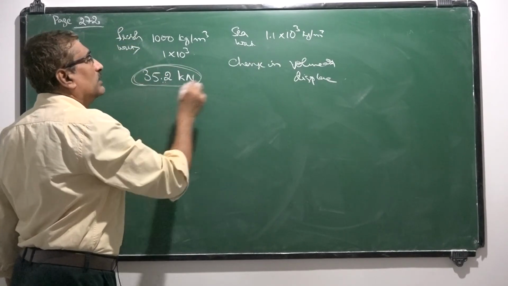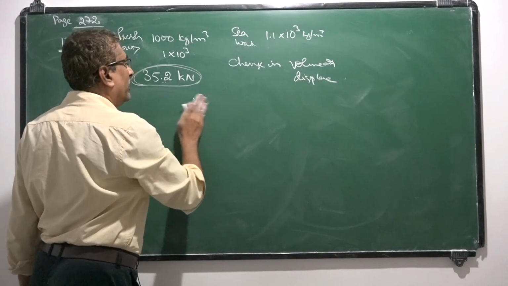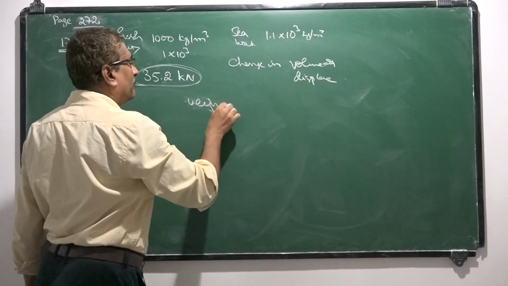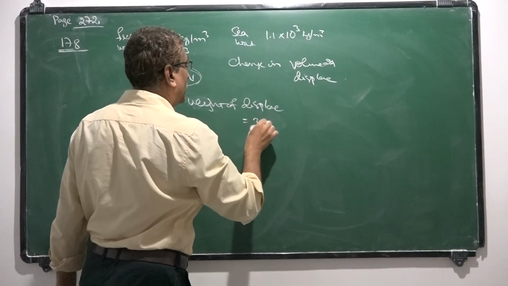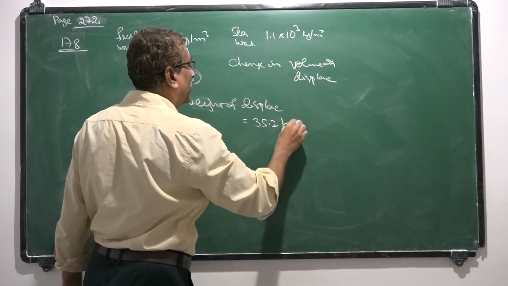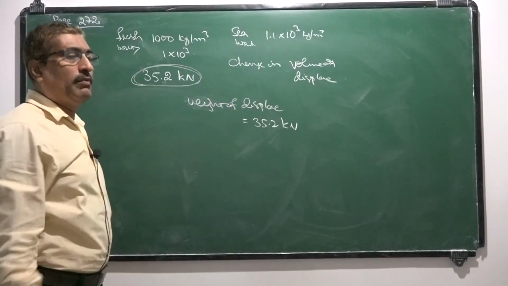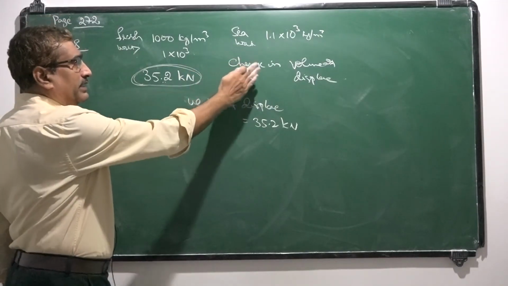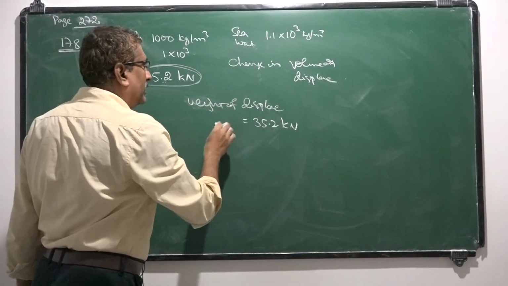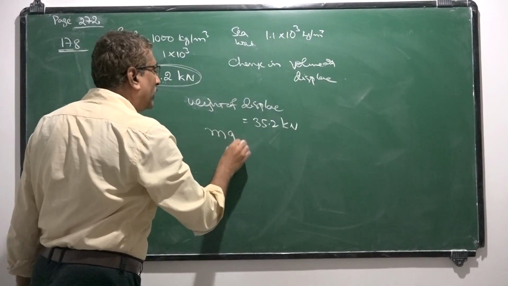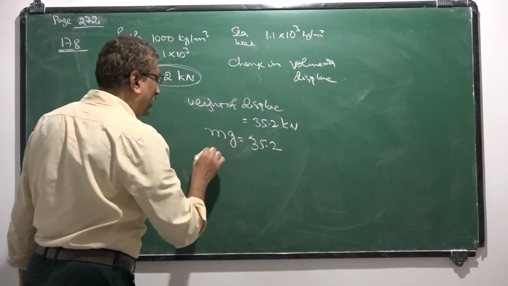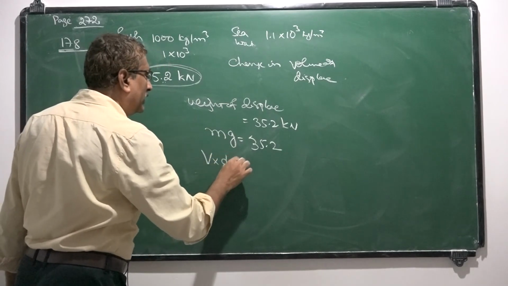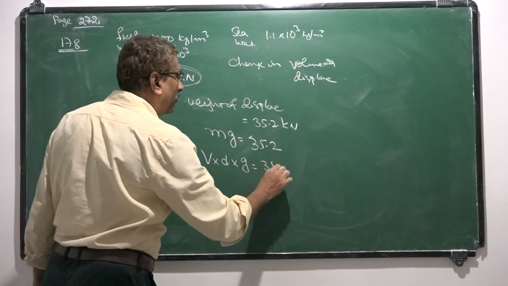So we can write the weight of displaced water is equal to 35.2 kilonewton in both the cases. This displaced weight is equal to mg, so we can write it as volume into density into g equals 35.2.